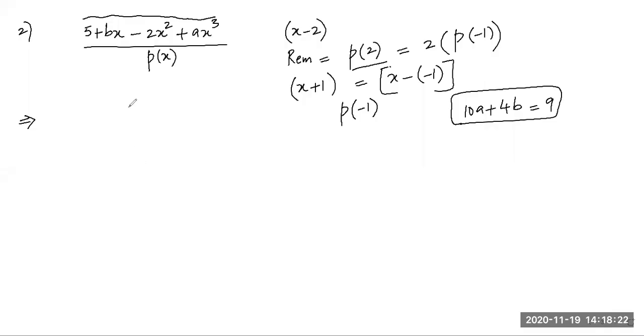So I will find p of 2. P of 2 will be 5 plus 2b minus 2 into 2 2s are 4, plus this is a, a x cube. So 2 2s are 4, 2 4s are 8. This is p of 2.